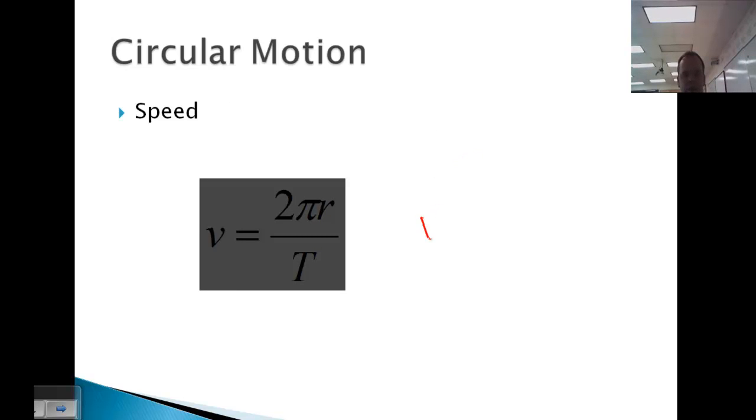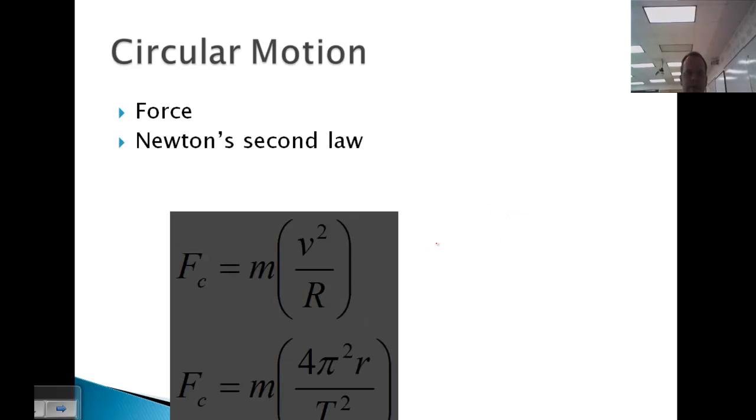The speed of something around the circle, remember our equation v equals delta x over t. Well, delta x here is the circumference of the circle, 2 pi r, and t is the period of the circle. So it's 2 pi r over capital T. And remember force, F net equals ma. So Fc, centripetal force, is the mass times the centripetal acceleration, or the mass times v squared over r.